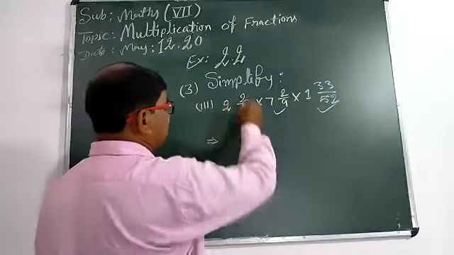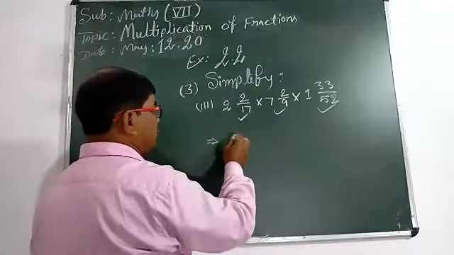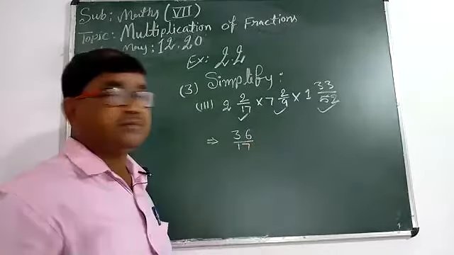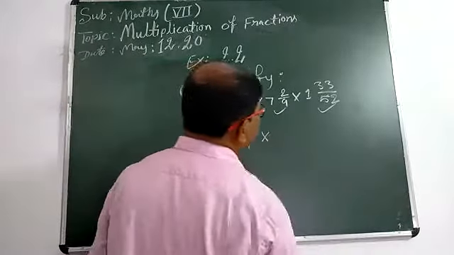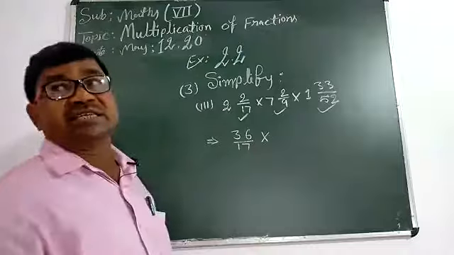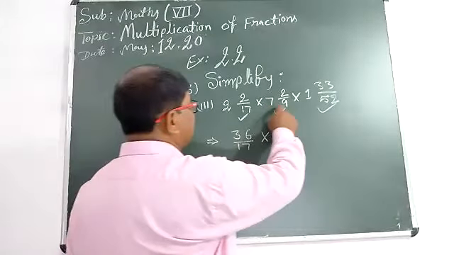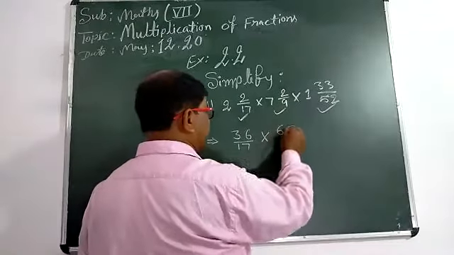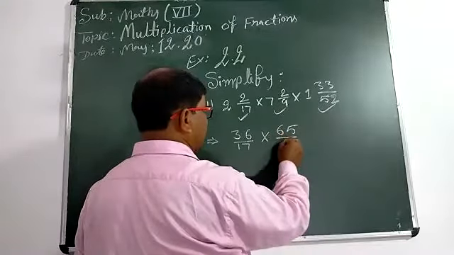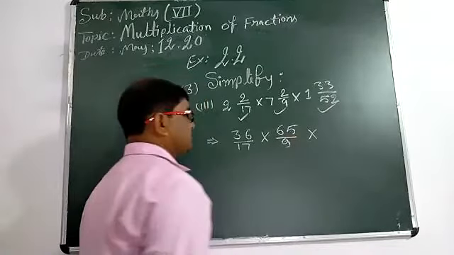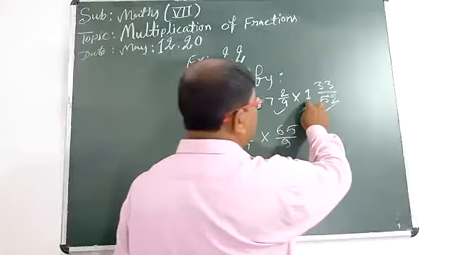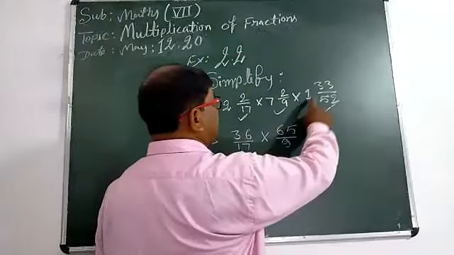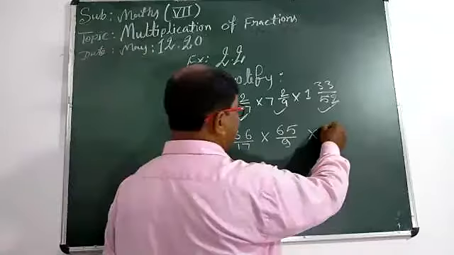17 2s are 34, 34 plus 2, 36 upon 17. Multiply 7 9s are 63, and 2, 65 upon 9. Multiply 52 1s are 52. 52 plus 33 equal to 85.